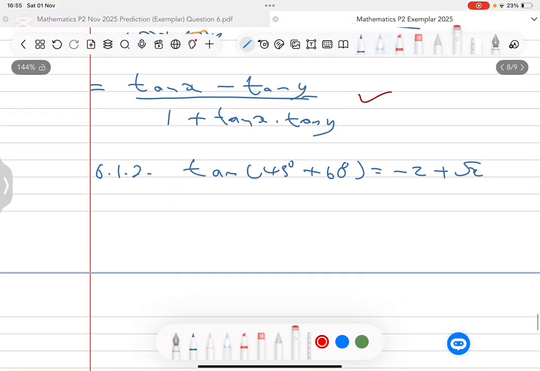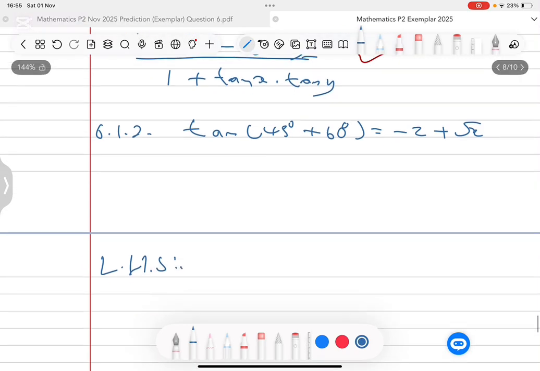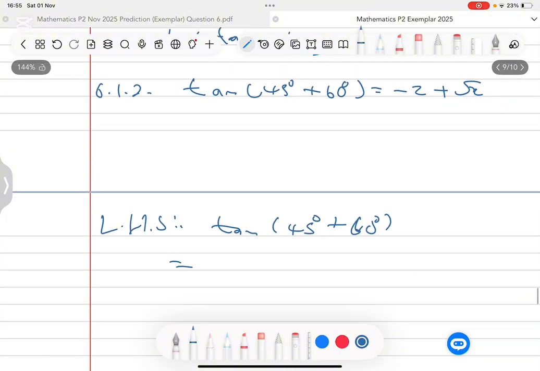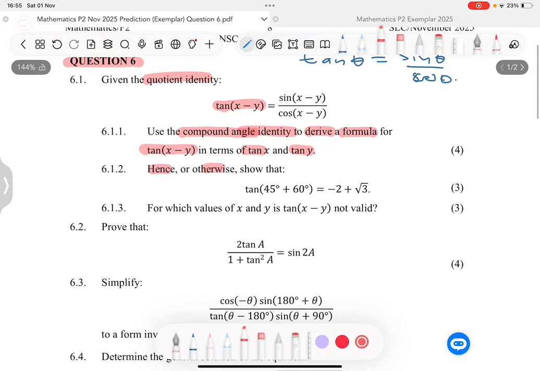So here I'm going to take the left-hand side, which is given by the tan of 45 plus 60 degrees. And what I'm going to do here is that you have to notice that this is the same as tan of x and y, except now the x is 45 and the y is 60.